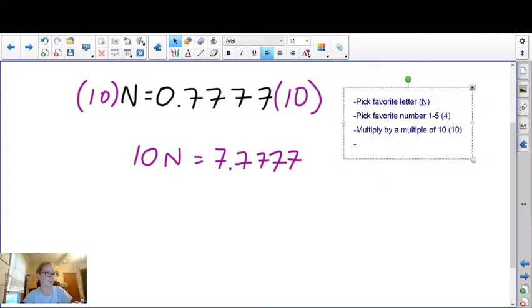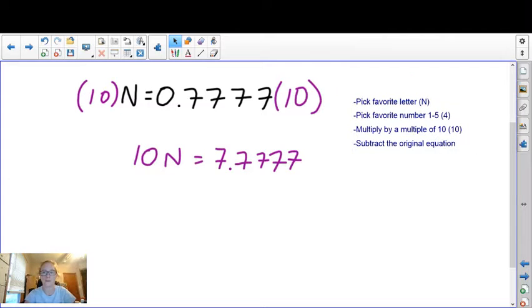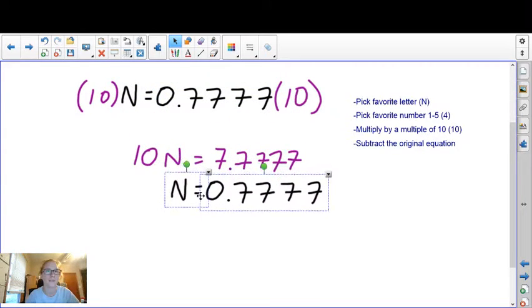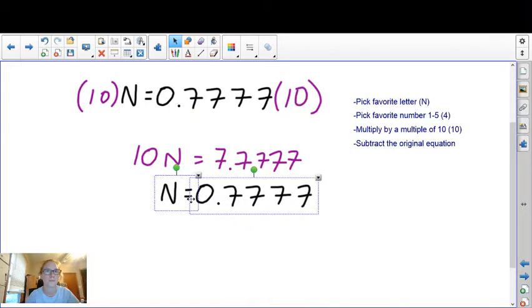Next, I'm going to show my subtraction, and we're going to subtract the original equation that I wrote. And in this case, that equation is black, and this is kind of like why I like my smartboard sometimes. I am going to take this and move it down below and try and line it up.